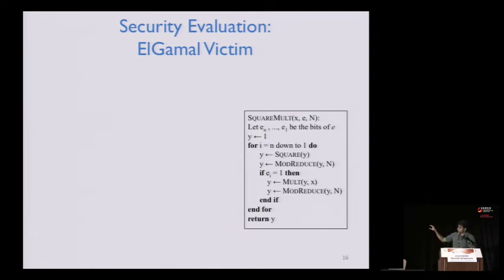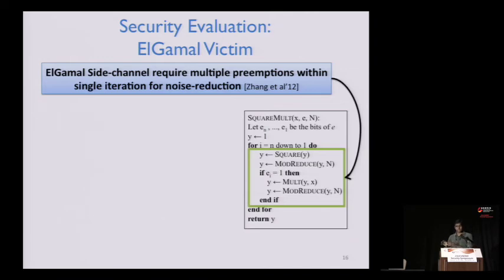Here, the exponent is the secret, and as you can see, the control flow within this iteration indirectly leaks the bits in the exponent based on whether each bit is 0 or 1. An important observation from past work is that for a successful side channel attack against this victim, the attacker should be able to do multiple preemptions within a single iteration.